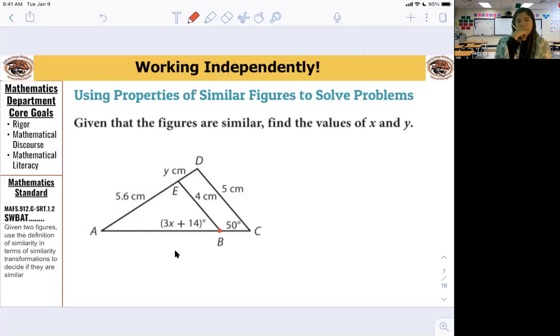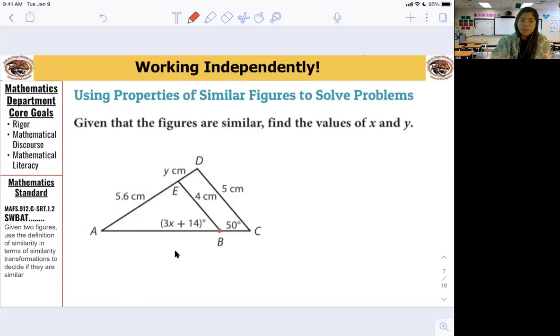Why did you do that? Honestly, I was stumped, but then I remembered that we learned about adjacent angles, that the outer angle plus its nearest inner angle was going to equal 180. And then I just looked at the line and it looked like a straight line. Okay, that makes sense.